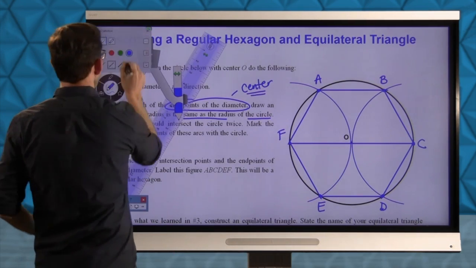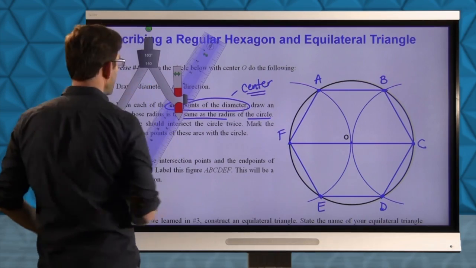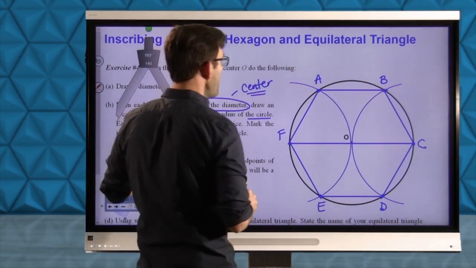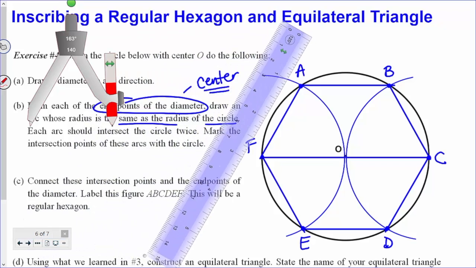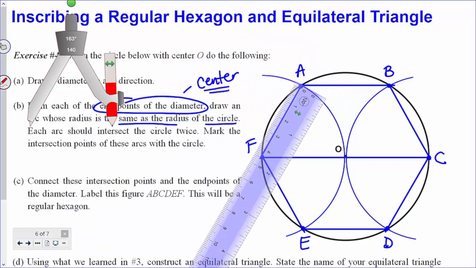So let me go over to red. That way it'll have a nice little contrast. But now, let's keep it in the same orientation I did before.